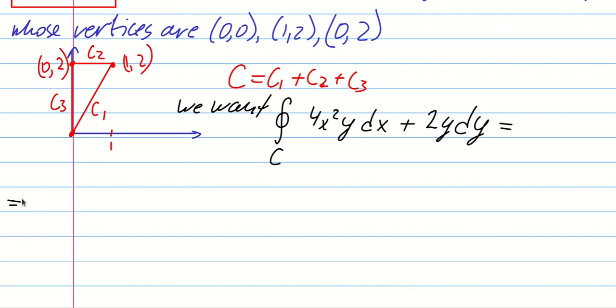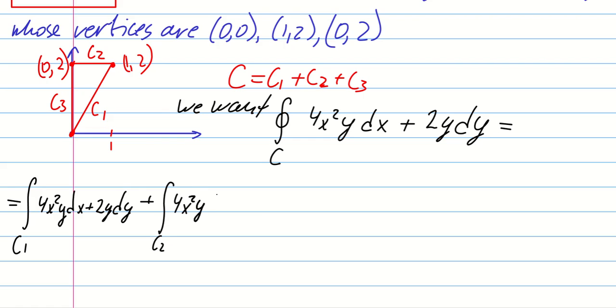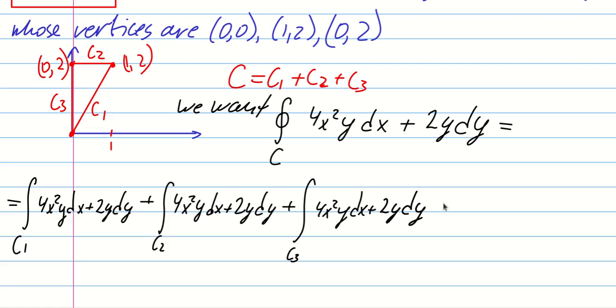It's going to be the integral over C1 of 4x squared y dx plus 2y dy, plus the integral over C2 of 4x squared y dx plus 2y dy, plus the third integral over C3 of 4x squared y dx plus 2y dy.